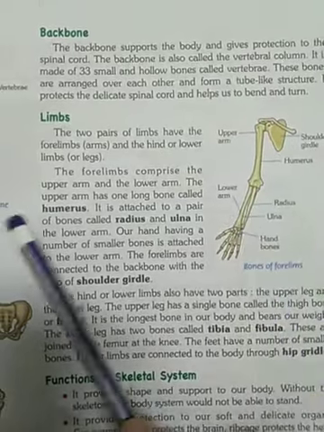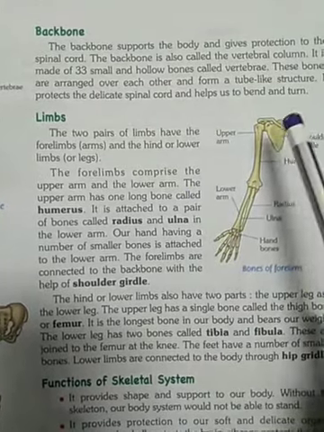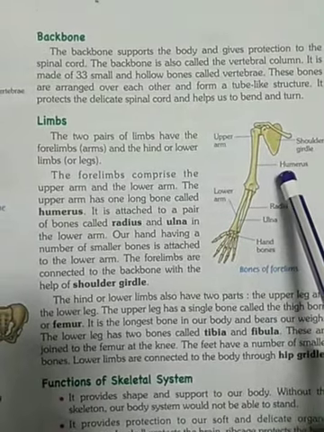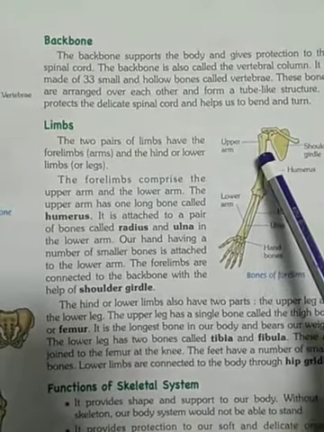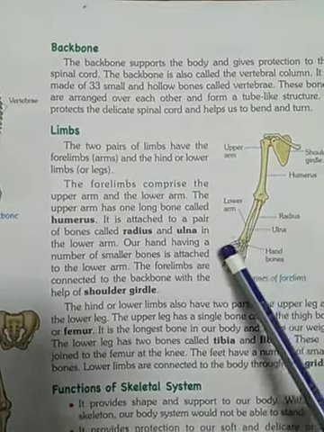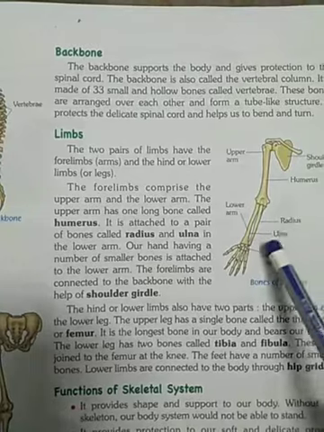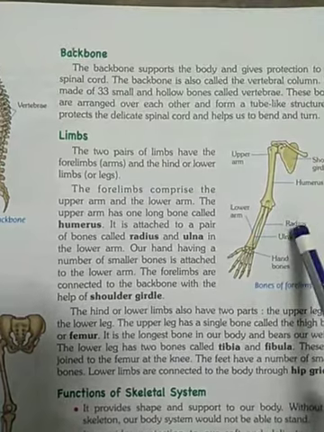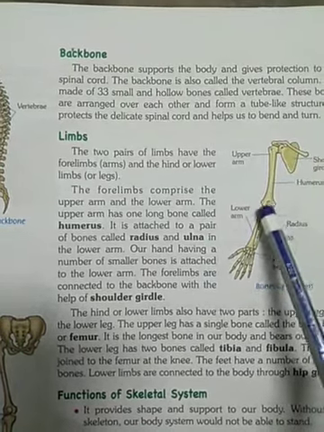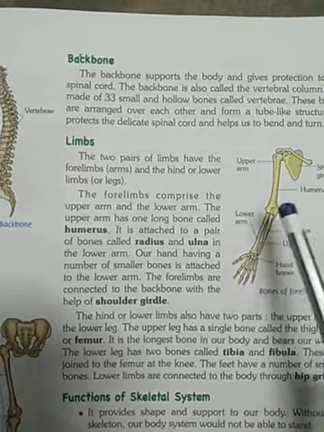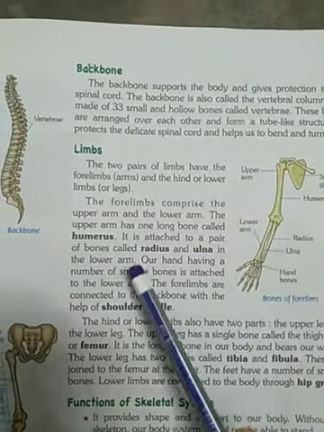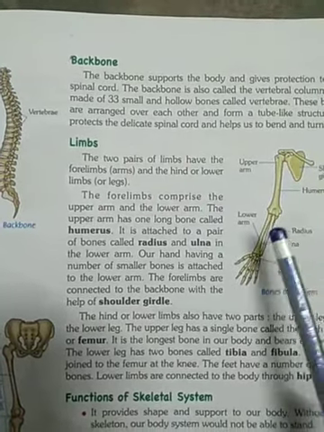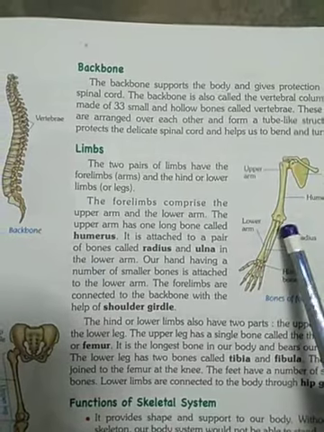Okay, and the upper arm has one long bone called the humerus, right? And it is attached to a pair of bones called the radius and ulna. Look at this, this is the radius and second is the ulna. That means the radius and ulna are present in the lower arm, right? Ulna in the lower arm, and our hand, having a number of smaller bones, is attached to the lower arm.